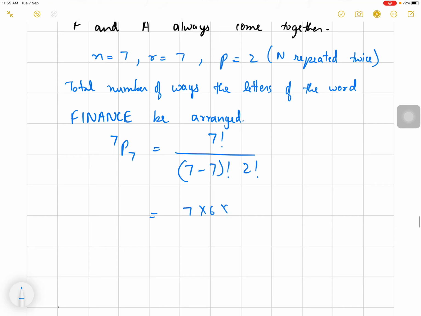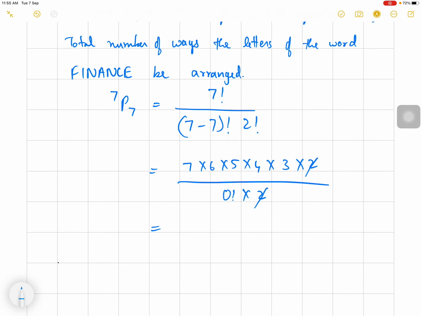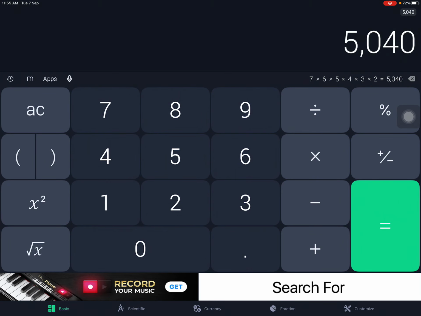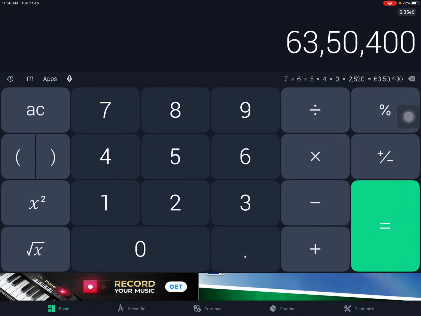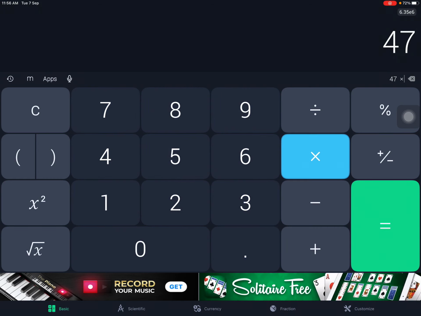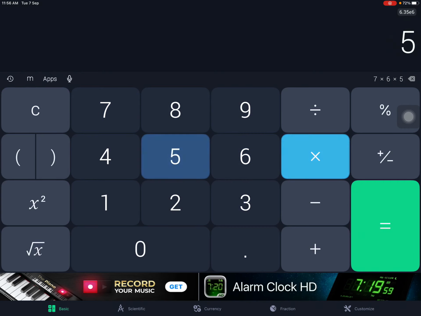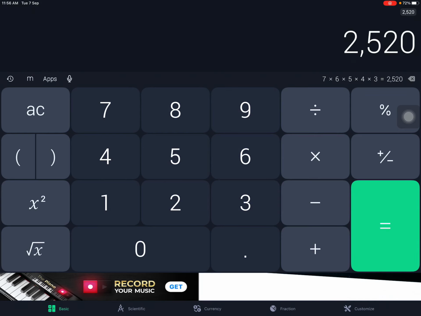So 7 into 6 into 5 into 4 into 3 into 2, divided by 0 factorial is 1, into 2 factorial is 2. So what is remaining? 7 into 6 into 5 into 4 into 3, just remove this 2. Which comes to 2520.